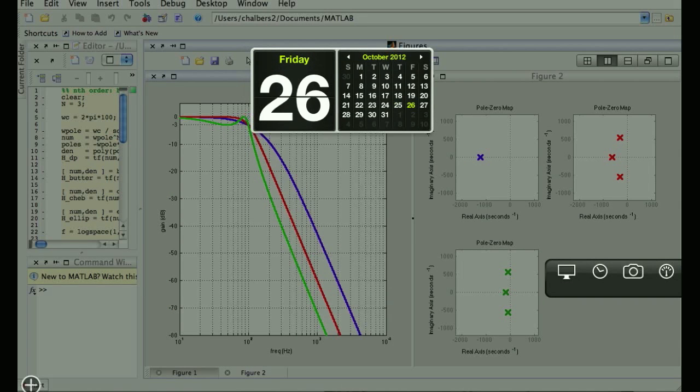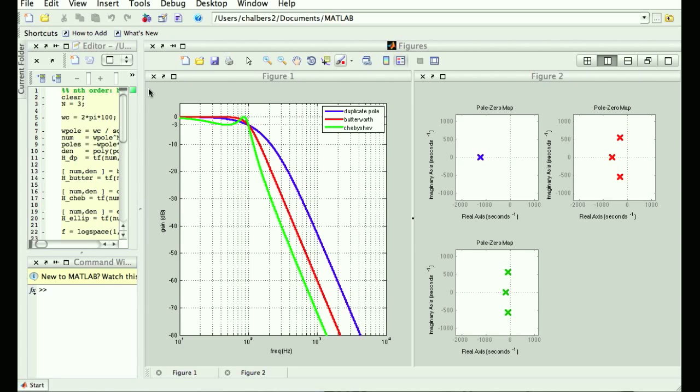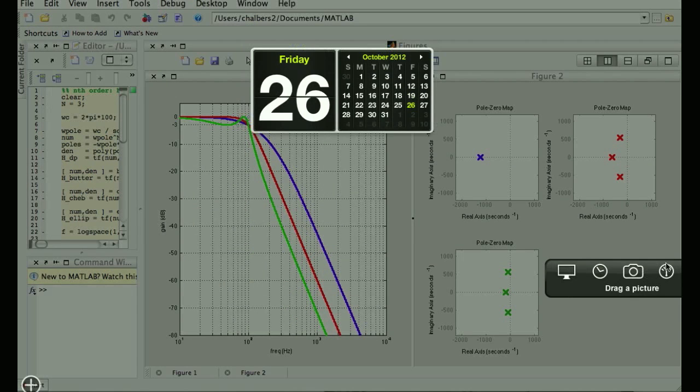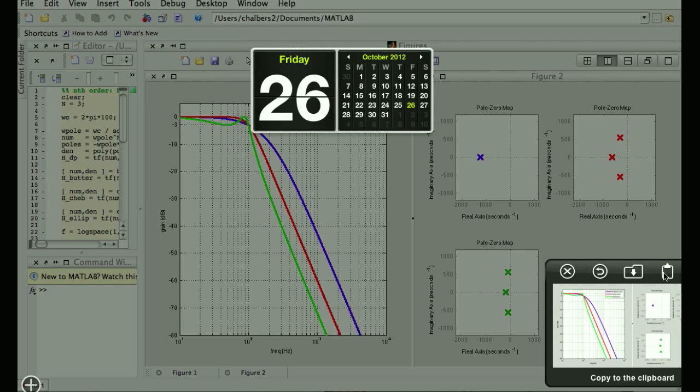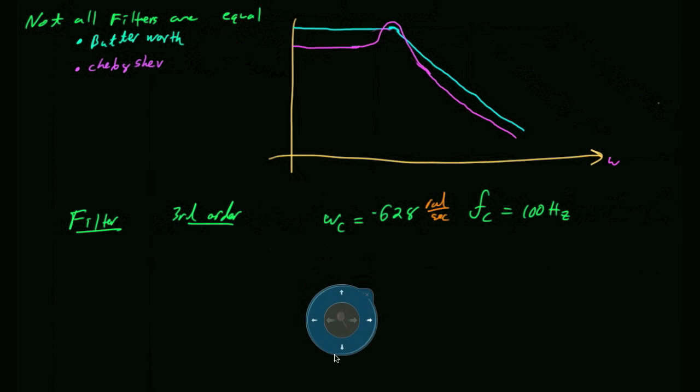So we've got third order filters with a cutoff frequency of 100 hertz, which is the same as saying you have a cutoff frequency of 2 times pi times 100 hertz. So that's 628 rads per second. Is that correct? That's what we're looking at.